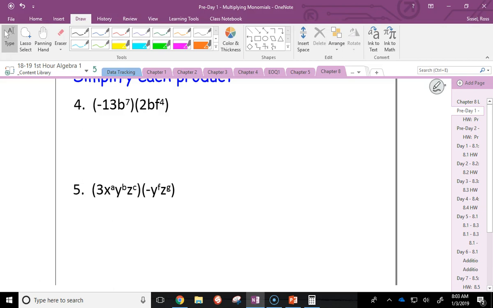So, we're going to do first our coefficients. 2 times negative 13. So, negative 13 times 2, and I would get negative 26. I know my answer is negative 26. You may go back in your notes if you need to look. What will come next?